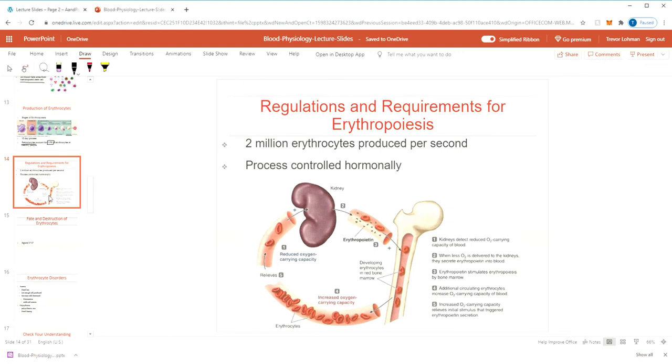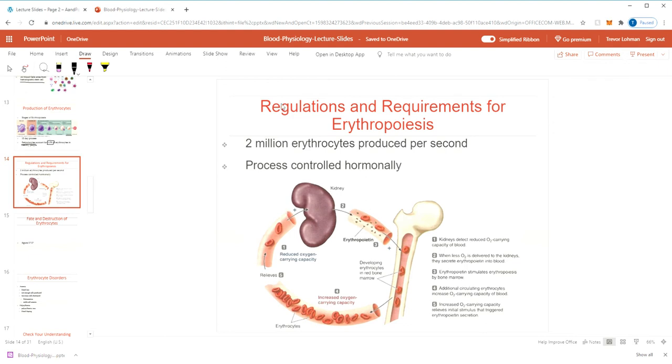And it has a negative control loop because as soon as you stimulate erythropoiesis, erythrocytes are going to be released into the blood, thus increasing the oxygen carrying capacity, meaning that EPO will stop being released. Because remember, EPO is only released when a decreased oxygen carrying capacity is detected. So it's this little negative feedback loop.